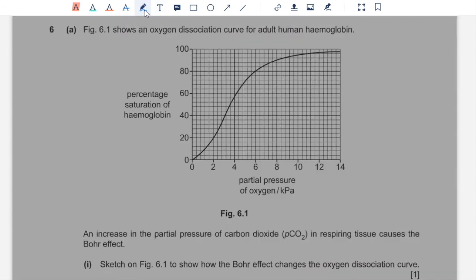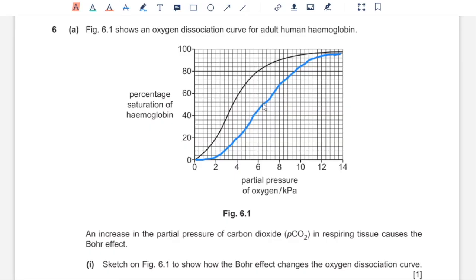So the shape would remain the same for the most part, except it would shift to the right. This basically represents hemoglobin, where present in areas of high partial pressure of carbon dioxide, has lower affinity for oxygen, or at the same partial pressure of oxygen has lower percentage saturation.